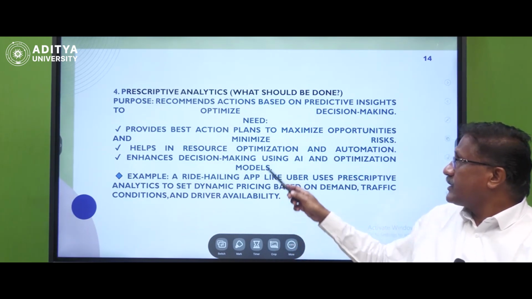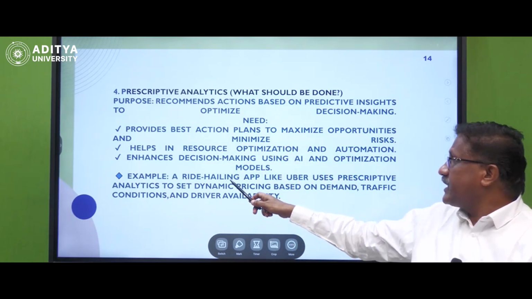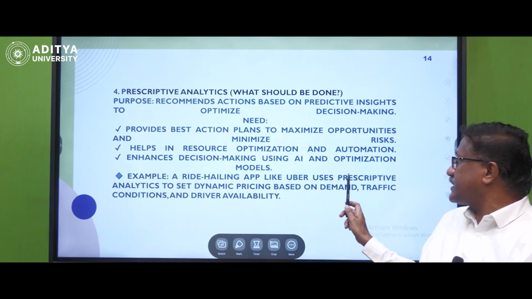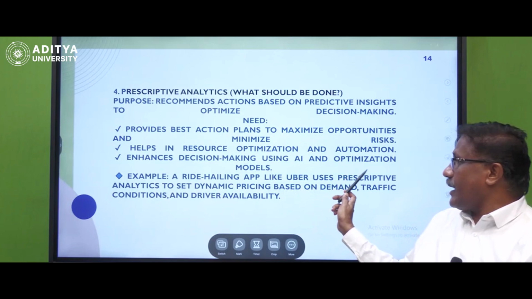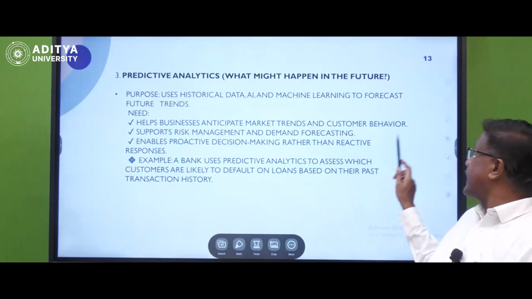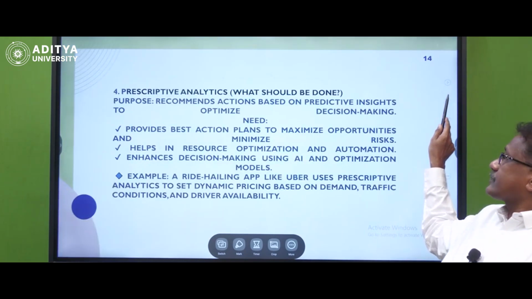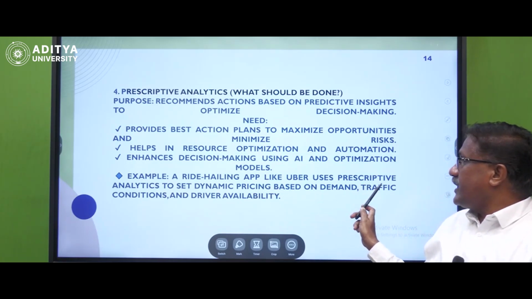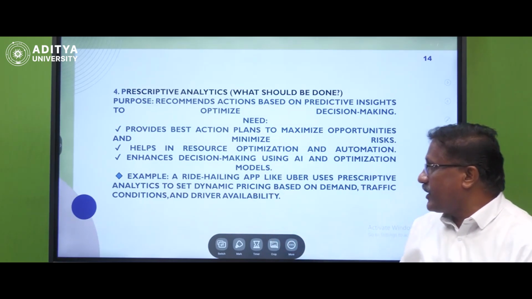For example, in this fourth, prescriptive model, a ride hailing application uses a prescriptive application for dynamic pricing based on demand, traffic conditions, and driver availability.